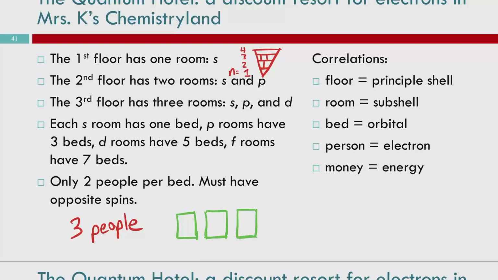Are all 3 of you climbing into 1 twin-size bed? No, you probably wouldn't even be comfortable with 2 people in a twin-size bed. The way that you're probably getting into the beds, if I had to guess, since there's 3 beds, is one person to each bed.